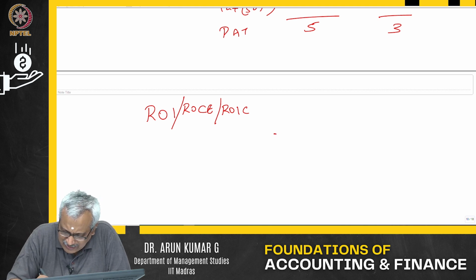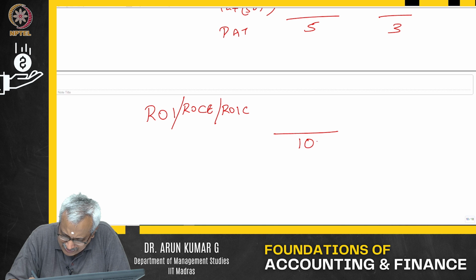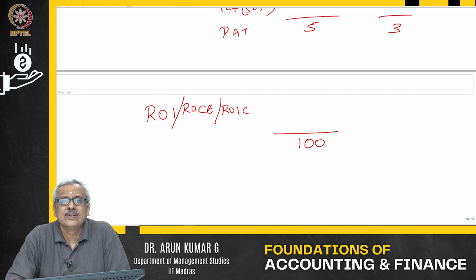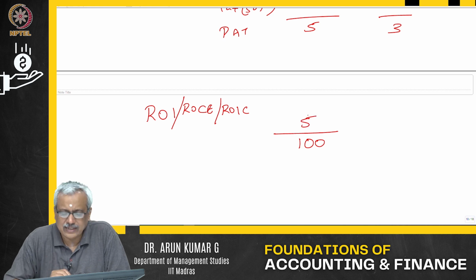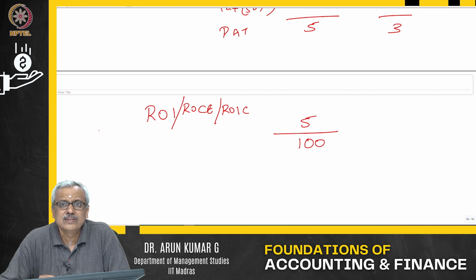Now for A, what is the denominator? Denominator is only equity $100. What is the numerator? PAT $5. That is PAT by invested capital.